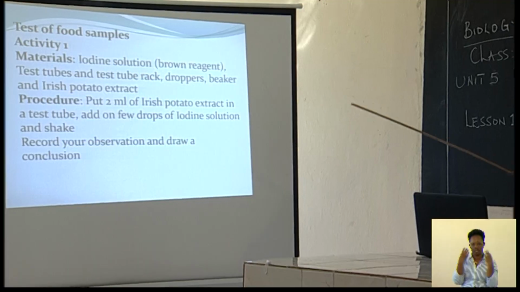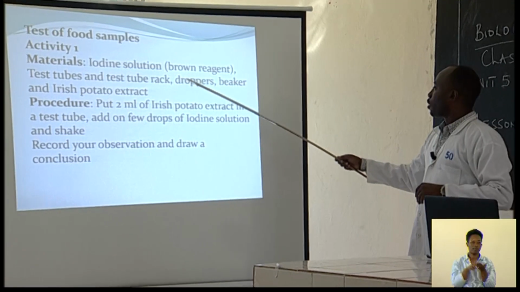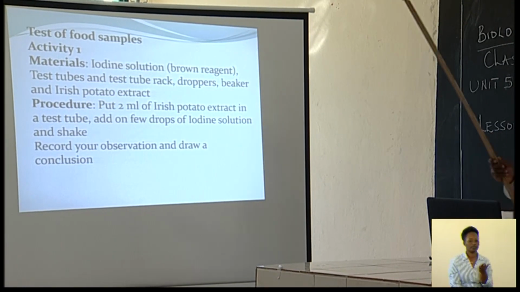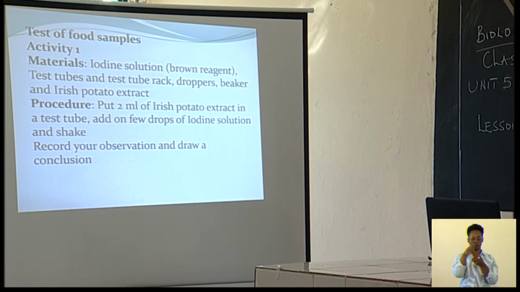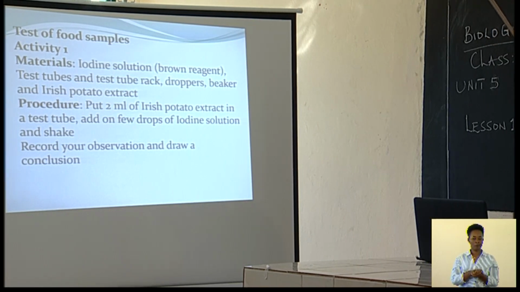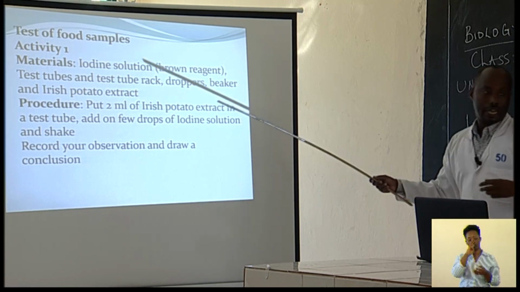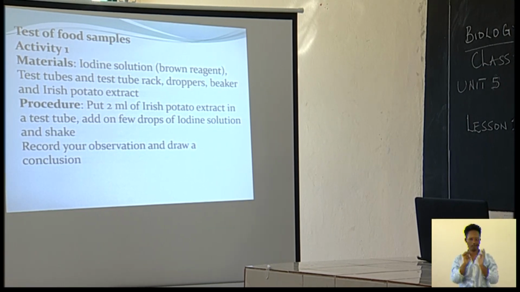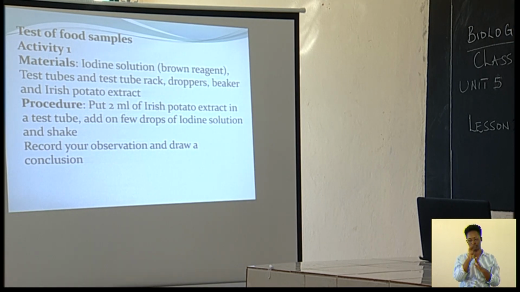We also have to use droppers. If you don't know droppers, these are droppers. Thirdly, we have beakers. I have also examples of the beakers. We use these beakers to conduct our experiment, students. I think you are following what I'm doing.